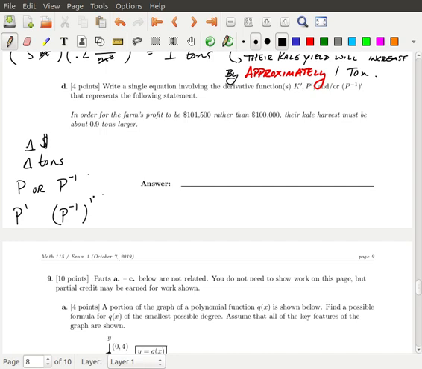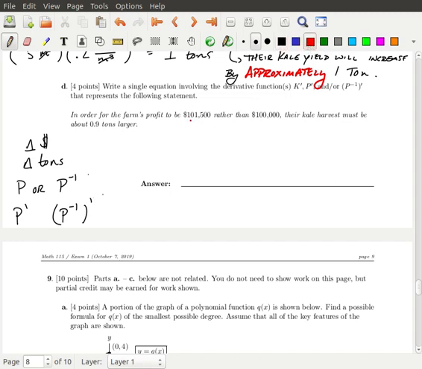This is maybe the hardest, the most subtle point on this exam, but we have to decide which one to use, and we can't use both of them. There's only one that's going to work out. And it's based off of the fact that they gave us an exact quantity.